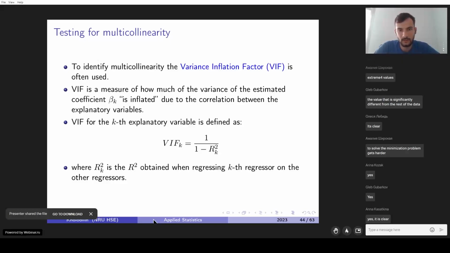We take 1 divided by 1 minus R squared k, where R squared k is R squared but adjusted. Then you run the regression of each regressor on the others.